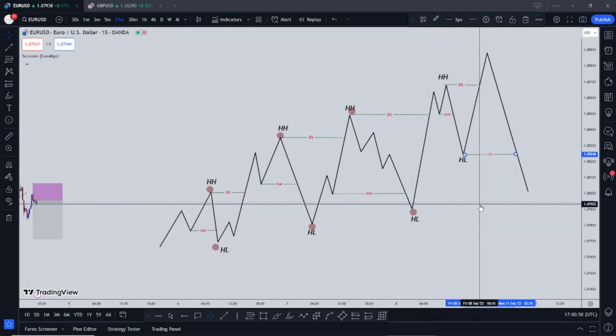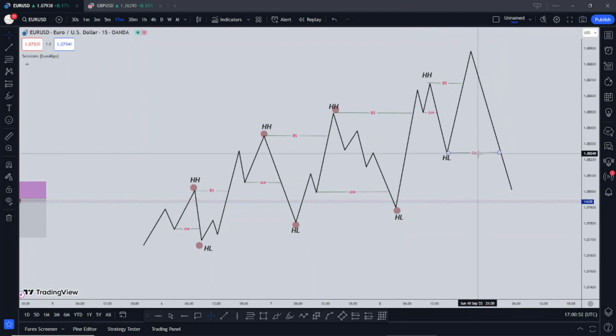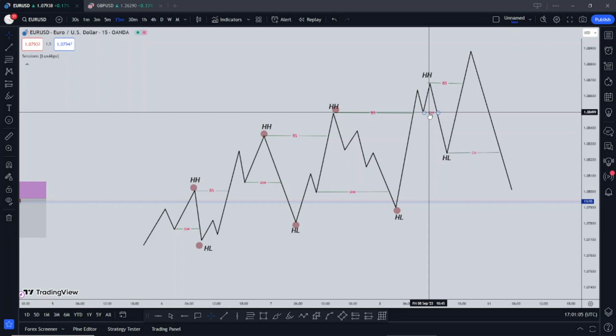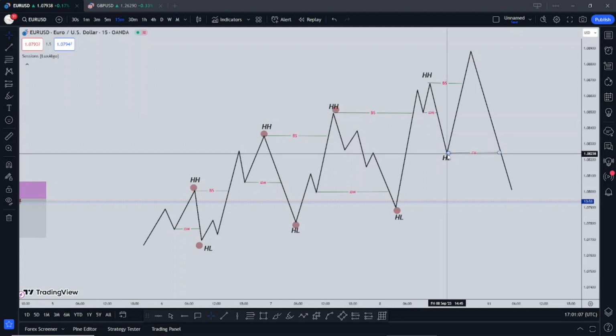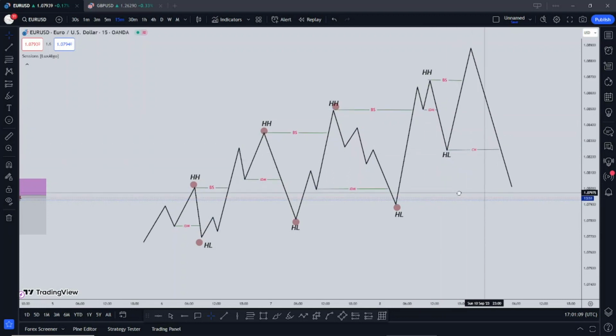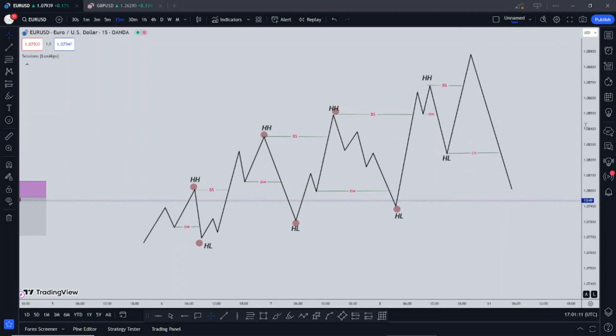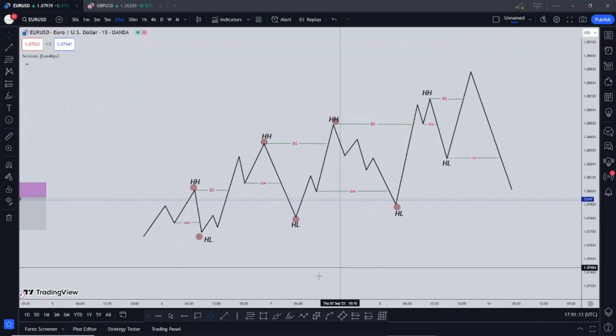CHoCH to represent change of character. Because price has come down to take the higher low, it is called change of character. And this time around, see that this is quite different from the internal structure here. This is an external structure that has been taken. So we are now moving from uptrend to what? To a downtrend.